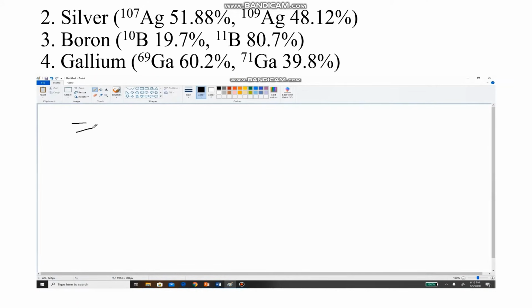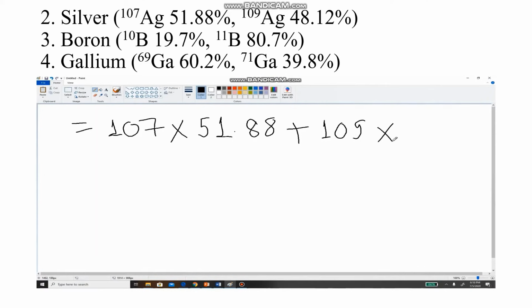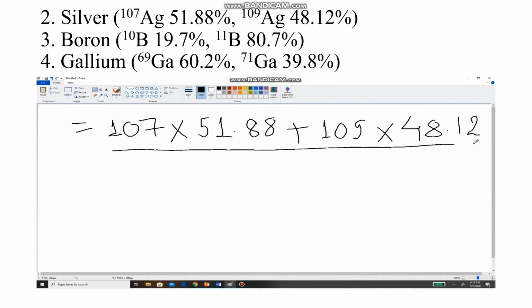One isotope has the mass of 107 and its relative abundance is 51.88, and we add this to the next isotope, which has the mass of 109 and its relative abundance is 48.12, and by using the formula we divide this by 100.